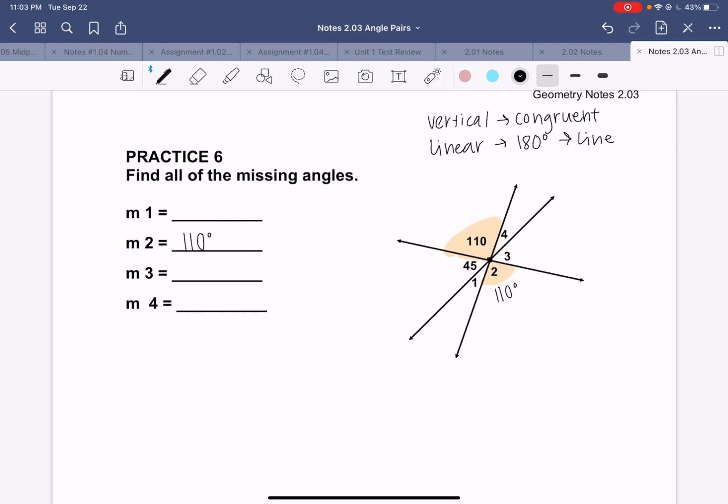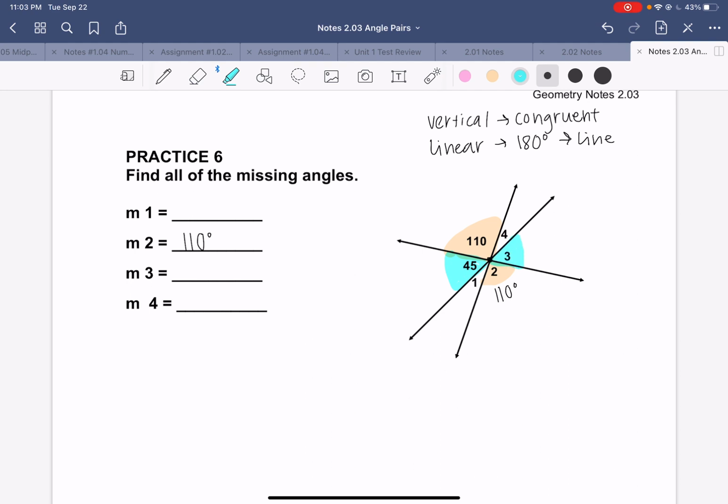All right, there's one more angle we can tackle. This 45-degree measure. We're looking for the vertical angle to 45. All right, if you said 3, you are correct.